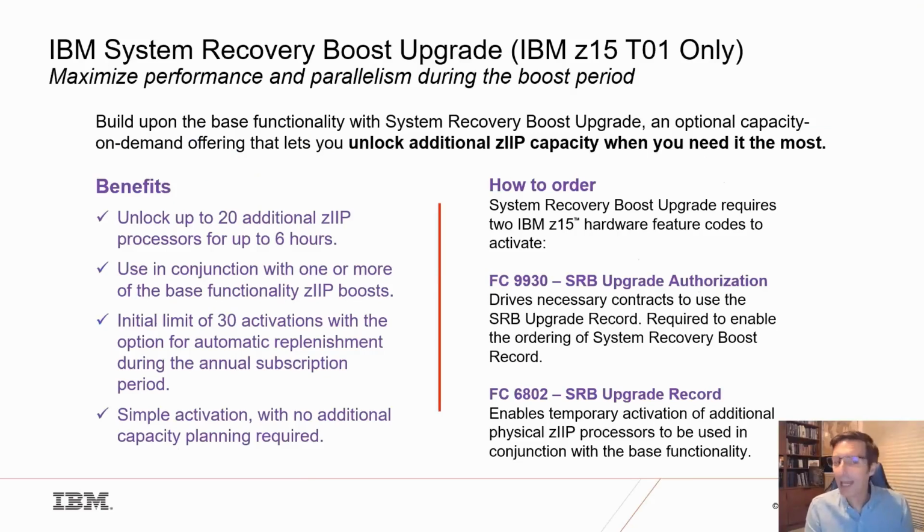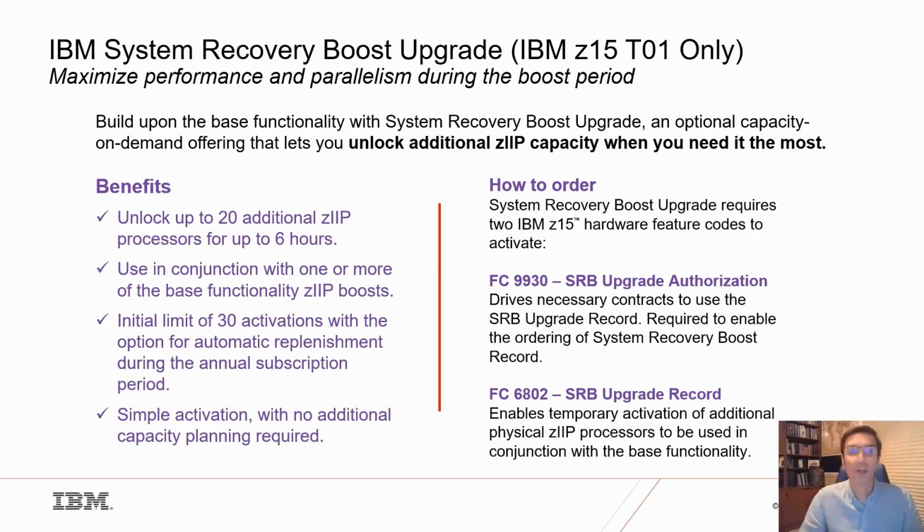The previous chart talked about the free System Recovery Boost offering. There also is a paid upgrade option available for the T01 model only. What this is going to do is unlock additional zip capacity that is not otherwise available on the system. What does that mean? When you get a new z15, for example, you will have a number of processors which you've ordered, plus a number of processors that are already on that machine but are referred to as dark engines.